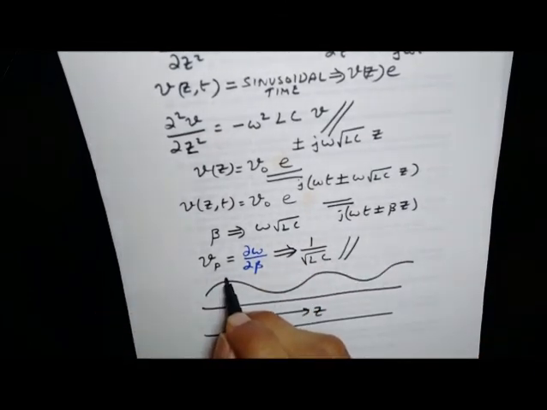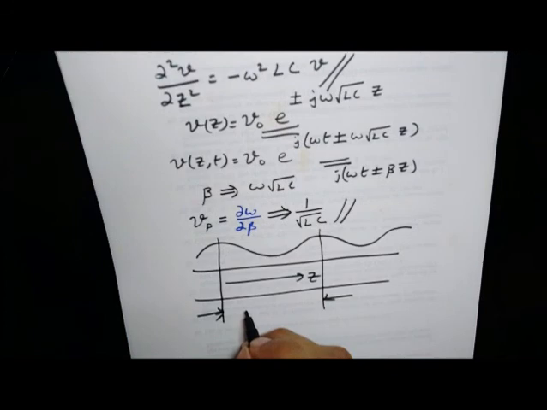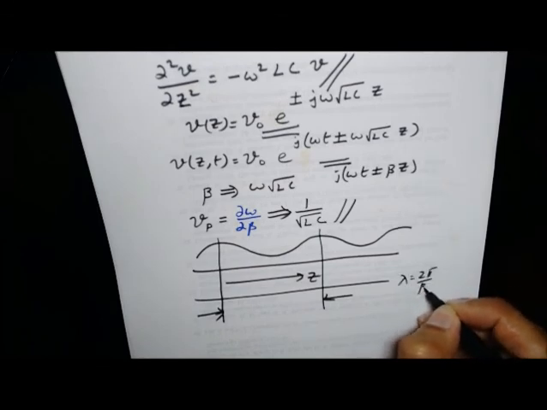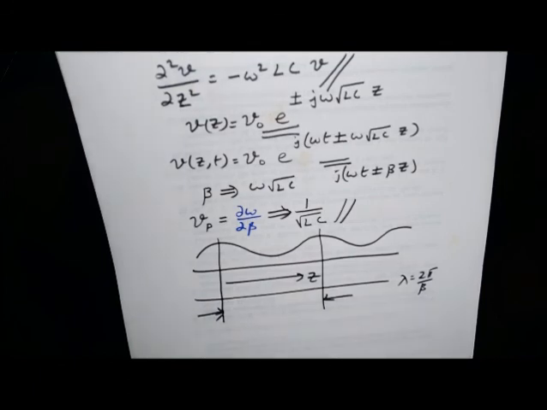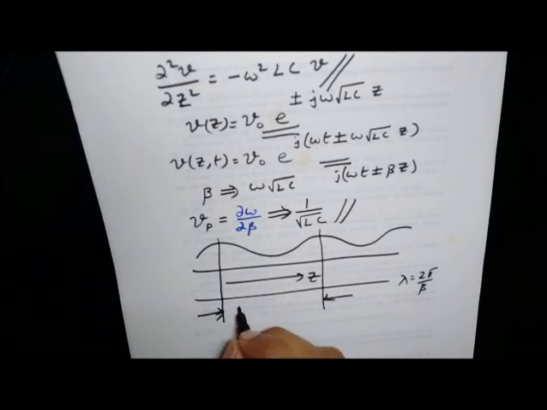And the wavelength, recalling that in uniform plane waves lambda was 2 pi by beta, and noting that the role of beta is played by omega root LC, becomes 2 pi by omega root LC, which, because omega is 2 pi f, becomes 1 by f root LC.